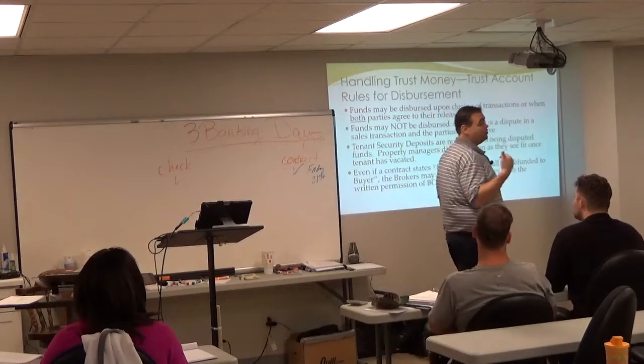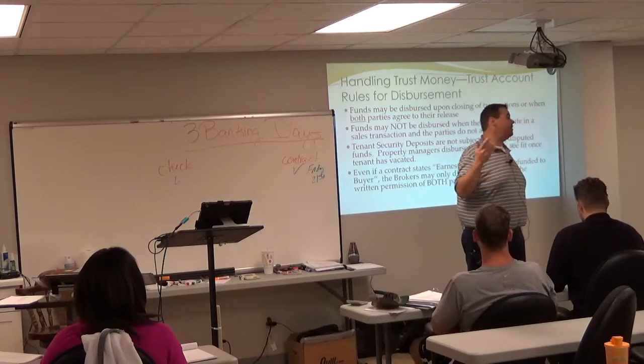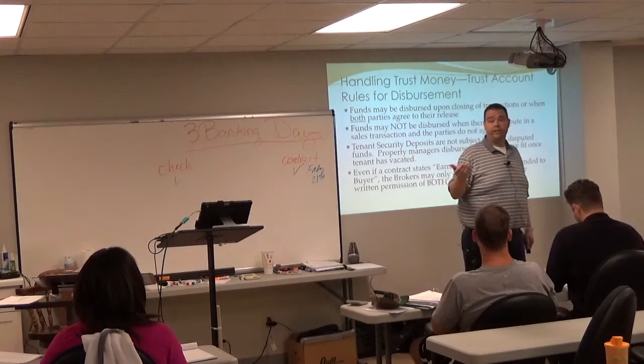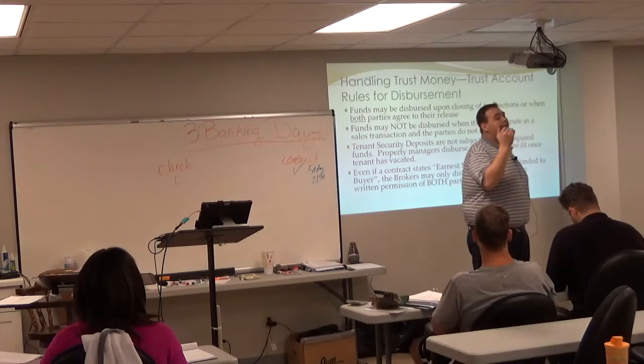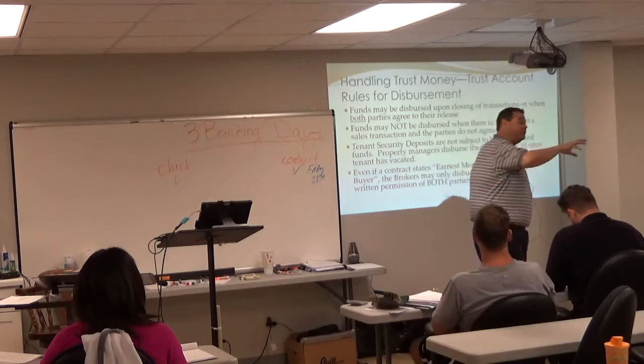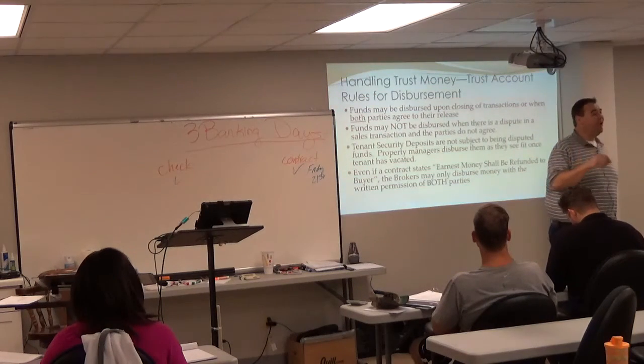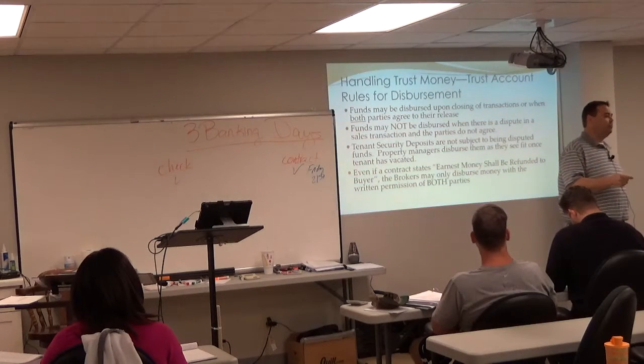Goes to the seller. It's forfeited to the seller as liquidated damages, right? Liquidated damages. You remember that? That language, folks, is there for the parties, which are the buyer and the seller, and a court of law. It's not there for you if you're holding the money in your trust account.